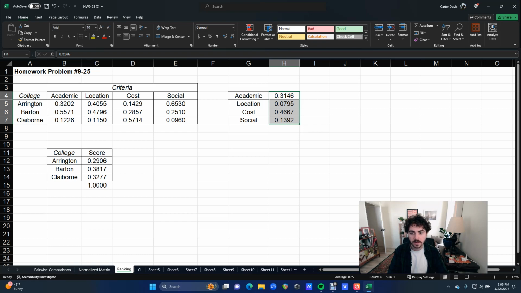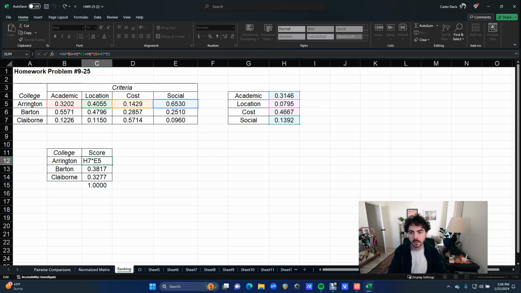So then, the final scores, how they're scoring each of these colleges, is by doing essentially the sum product. For this first one, it's taking this times that, plus this times that, plus this times that, plus this times that. You're multiplying this matrix by this column. It's a little bit of linear algebra work, but I won't go through it again.